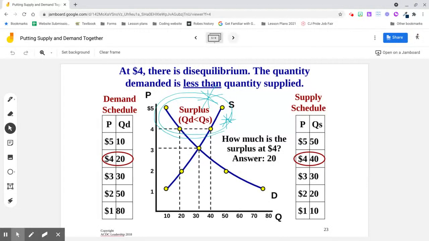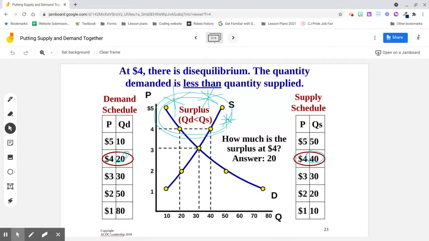Quantity demanded is less than the quantity supplied. Know that. This is huge, ginormous, because you have to figure that out. And it's 20. The answer is 20. Why? Because the quantity demanded is less than the quantity supplied: 20 and 40.